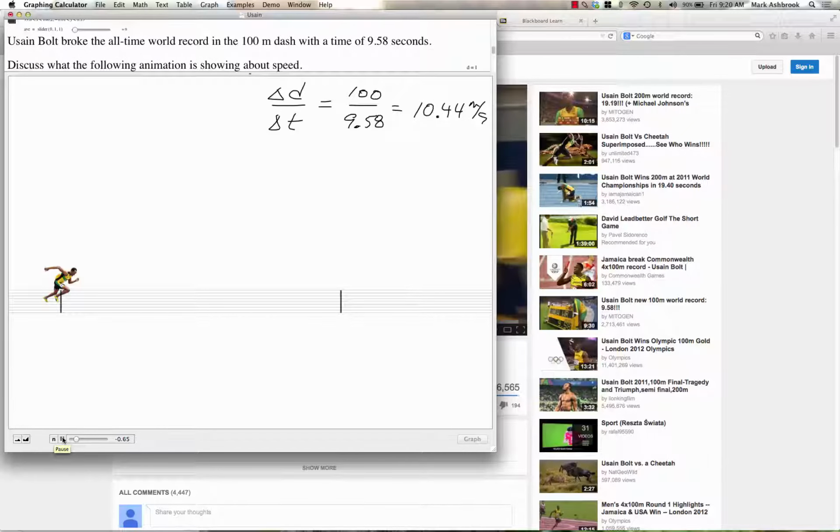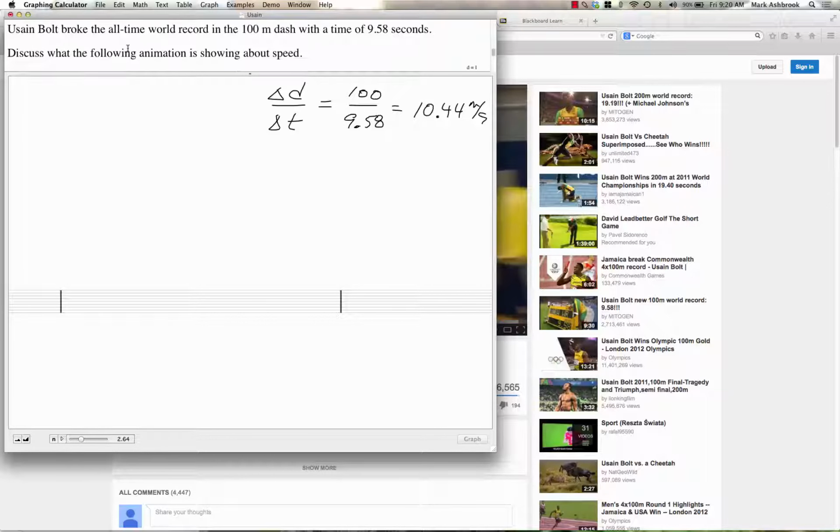So I've reproduced the race here. Where'd you go? Yeah. So fast you went, right?